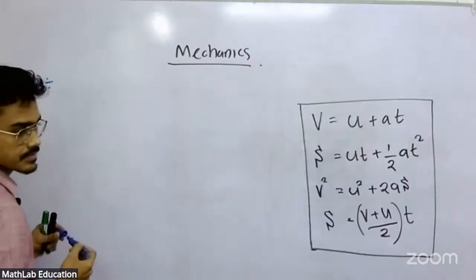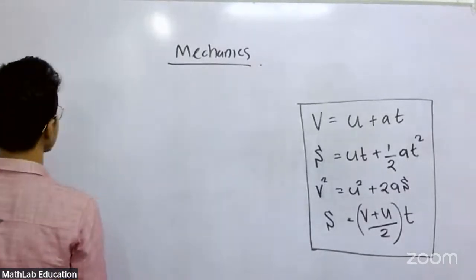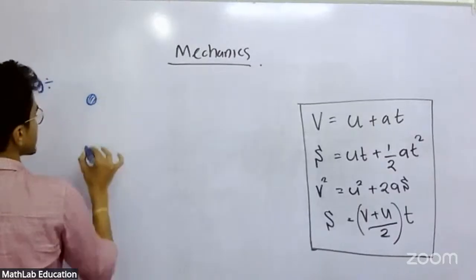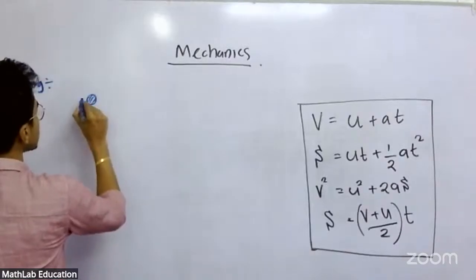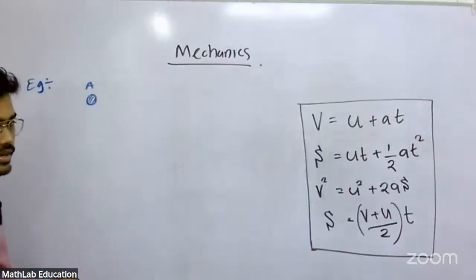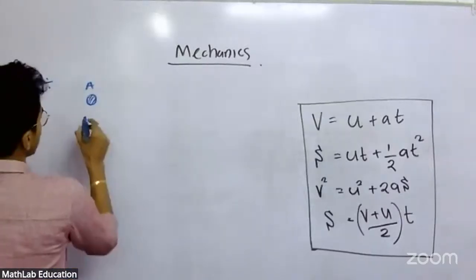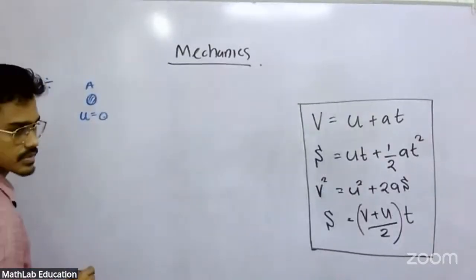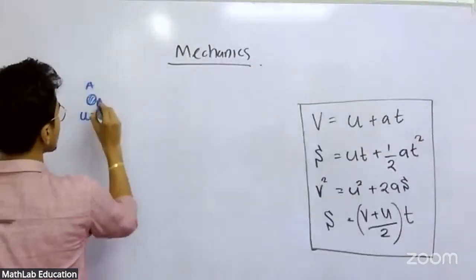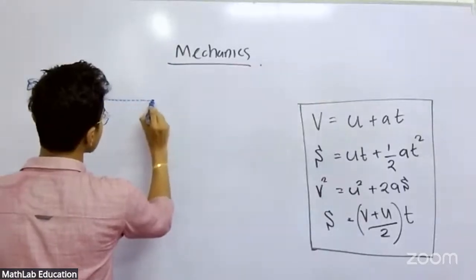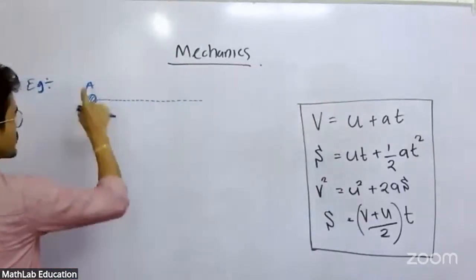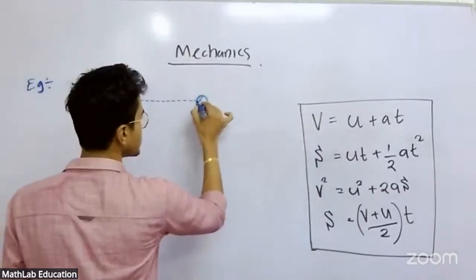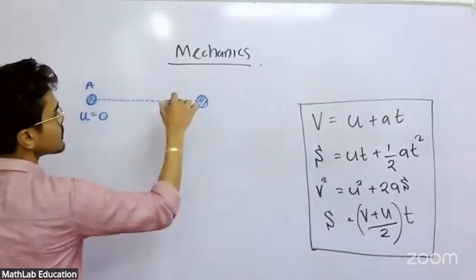Let's assume there is an object here, and say this is point A. The object is at rest at this point, so its initial velocity is 0. It is going to start some motion towards this direction, and after some time the same object is here.